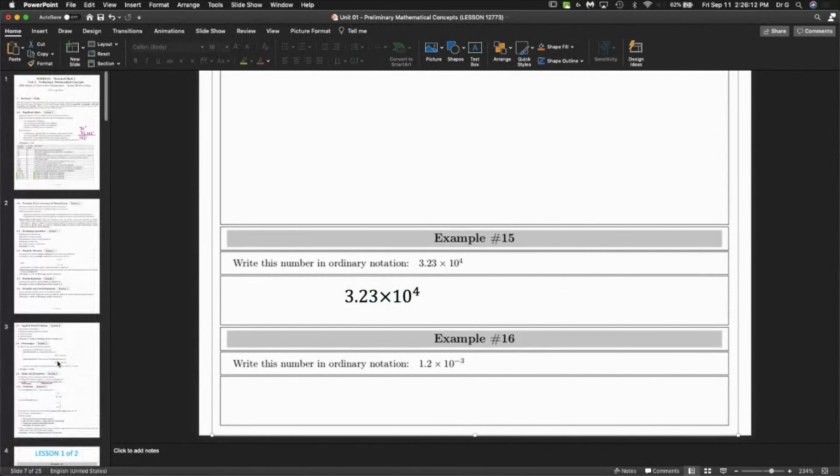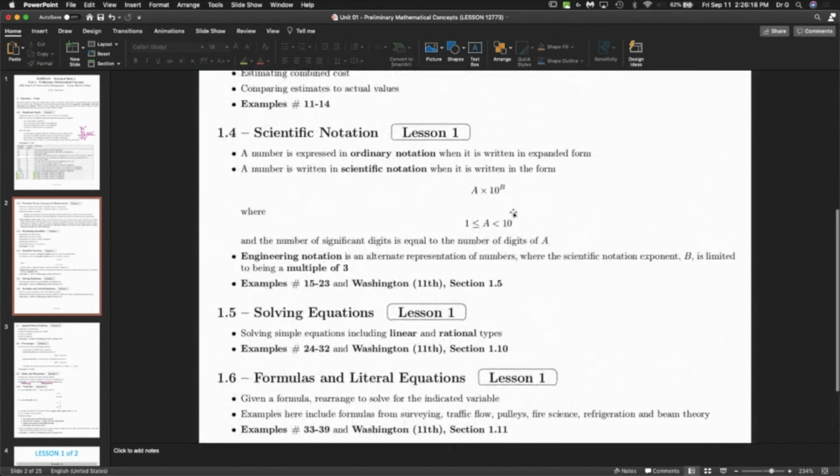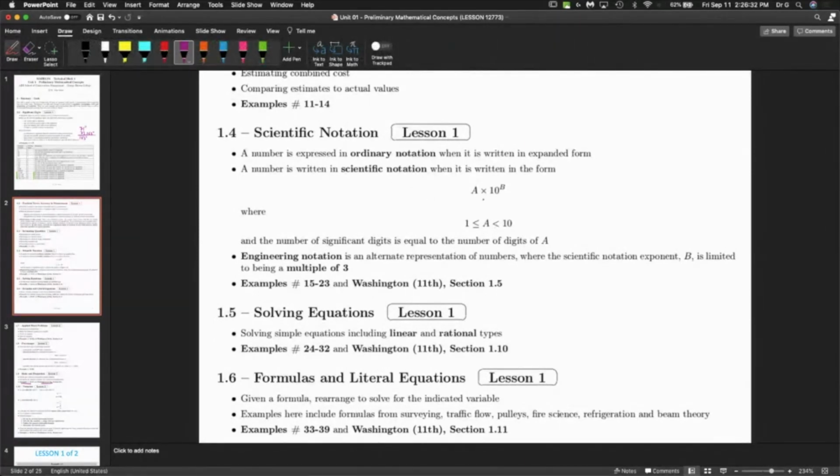If you don't have the book, it's fine. I'm going to go back to an earlier page in the theory, page 2. And I want to direct your attention to this box here. Sorry, I'm not going to read the question. I'm going to do this first, that's why. This is scientific notation.